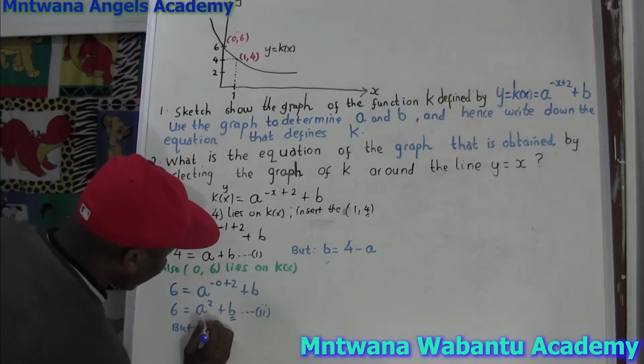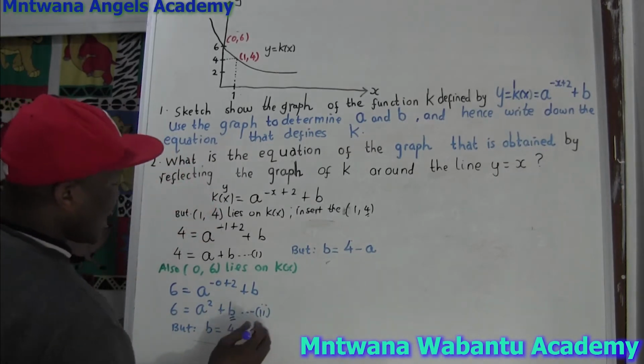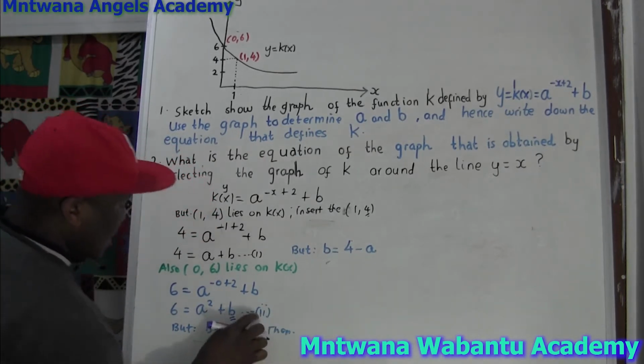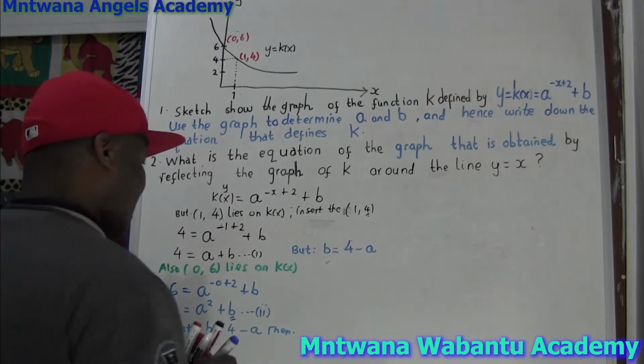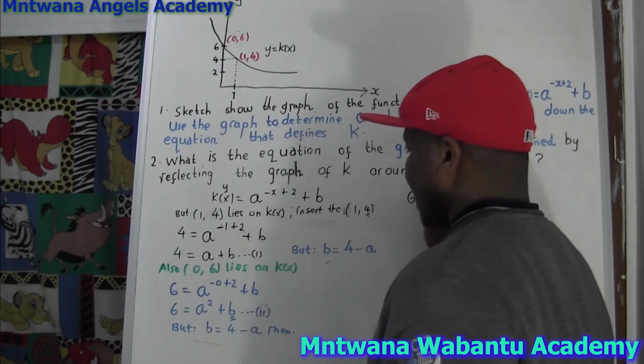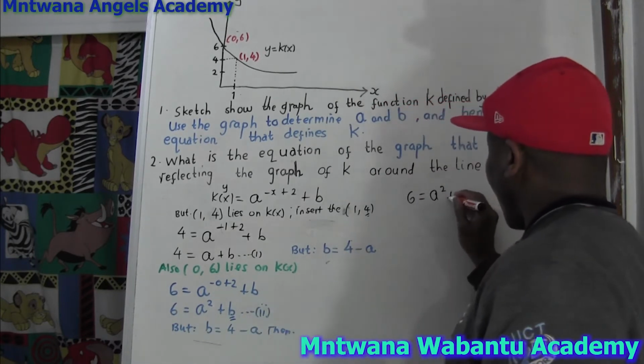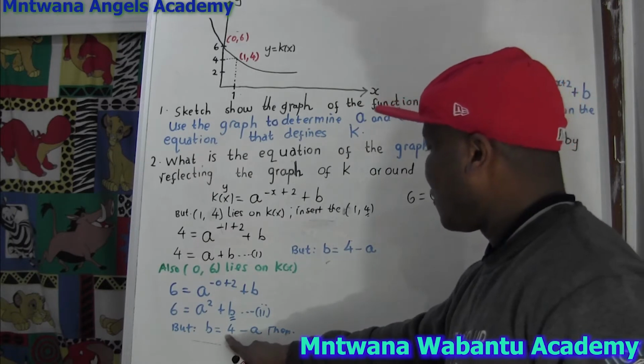Then it's going to come in here, into the second equation. It's going to become 6 equal to a squared plus, what is the value of b? b equal to 4 minus a.